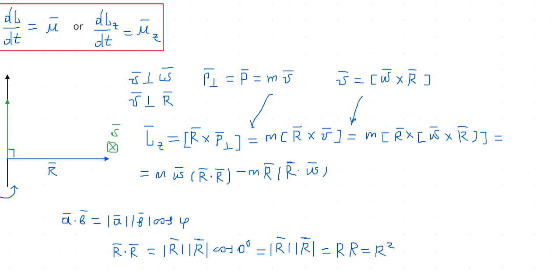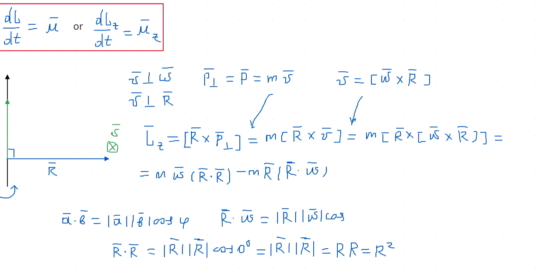Okay, and what about the second term? The second term, R and omega, is equal to the modulus of R, modulus of omega, multiplied by cosine.